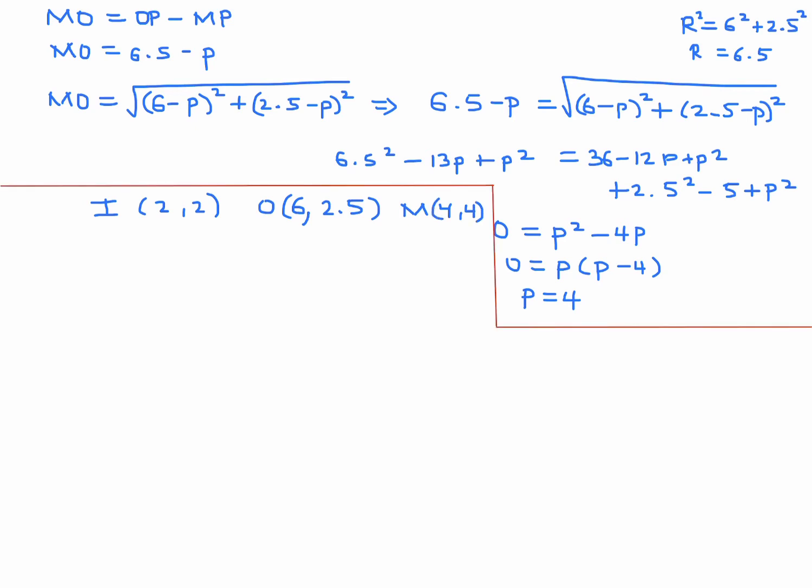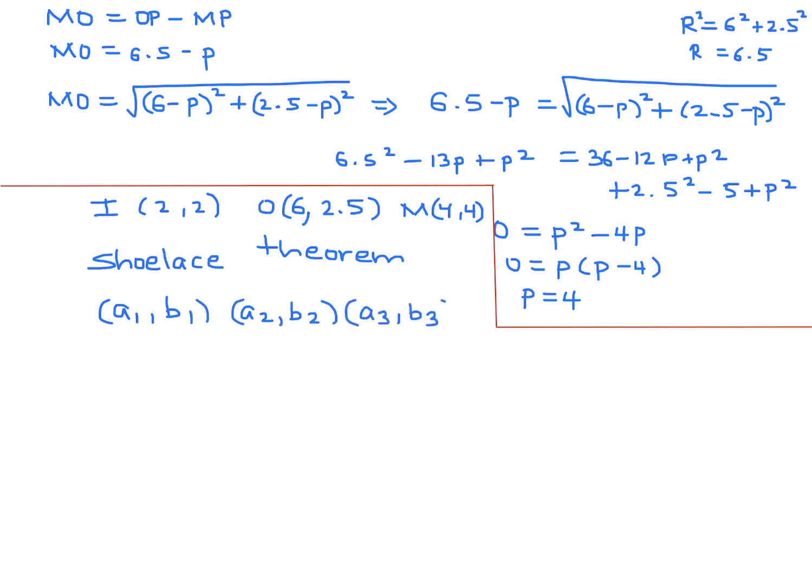So now I have to show you how to figure out the area, and you do that with something called the shoelace theorem. Let's say we have 3 points, (A1, B1), (A2, B2), and (A3, B3). And I said, figure out the area.